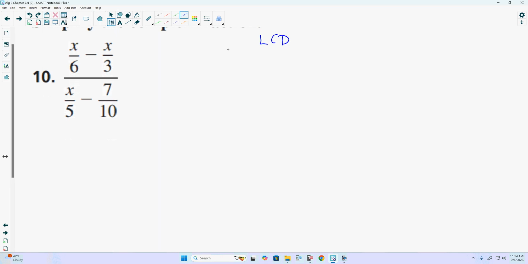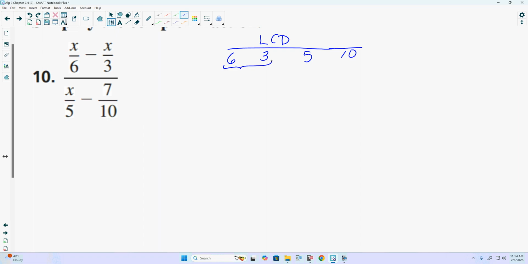Least common denominator. So our denominators are 6, 3, 5, and 10. We have four numbers that we're looking at for the least common denominator. Well, let's look at them in pairs.